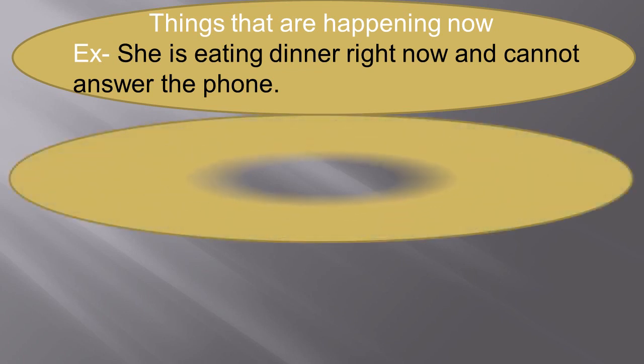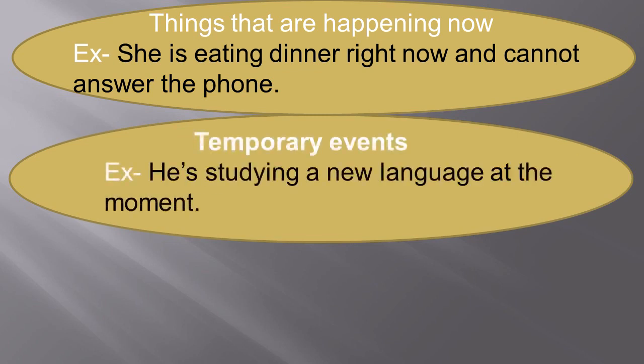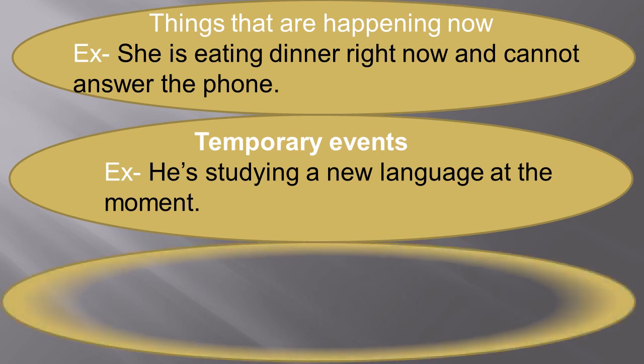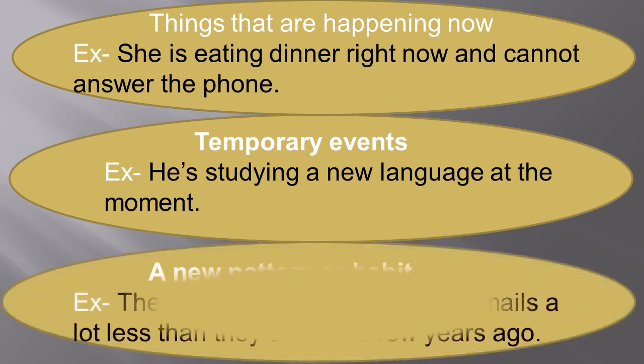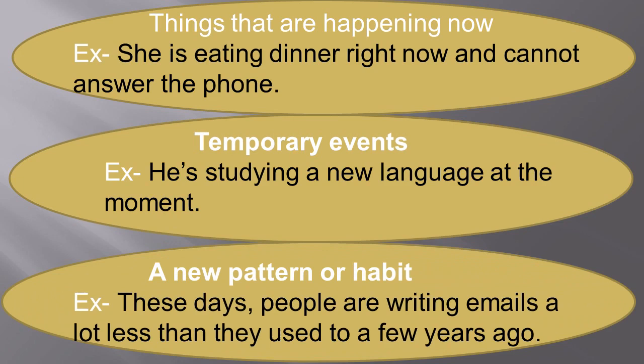Then another use of present continuous tense is to talk about temporary events. For example, he is studying a new language at the moment. That means at the moment he is doing it, that will not continue in the future. Right? Temporary events. He is studying a new language at the moment. Then another use is a new pattern or habit.